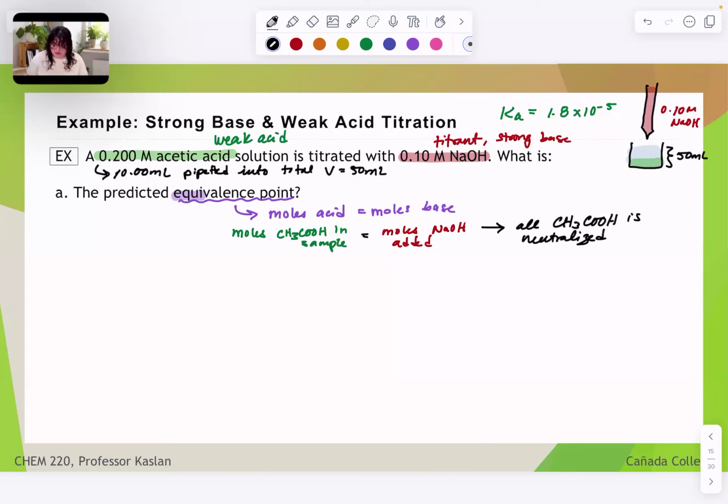Now we could do this calculation fully with an equilibrium or an ice table if we wanted to.